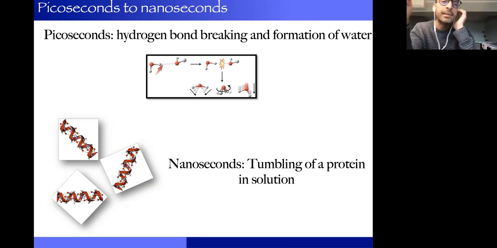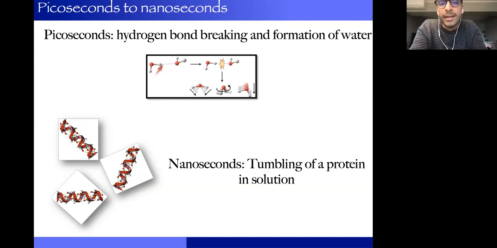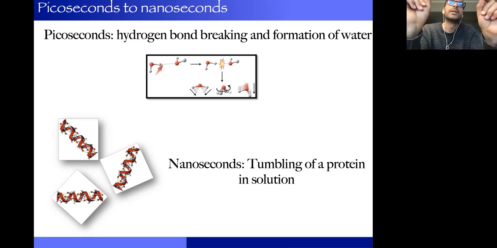Then the next is picosecond. The typical picoseconds are the time scale of hydrogen bond breaking and forming of water. That's not a rule of thumb, but that's the typical. And all these time scales, of course, are related to a rate theory, right?